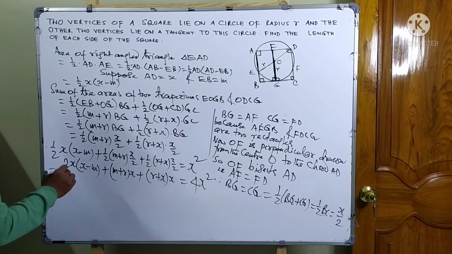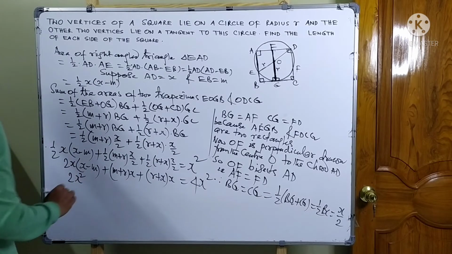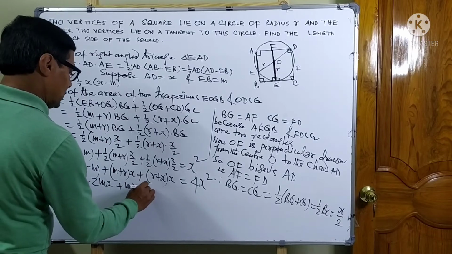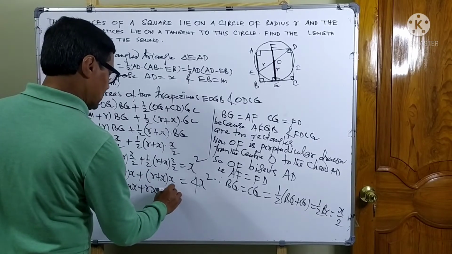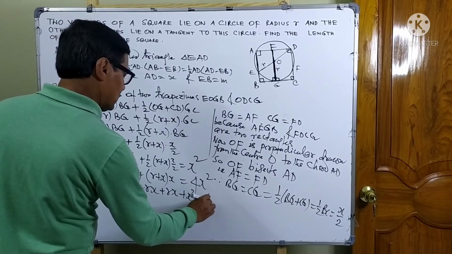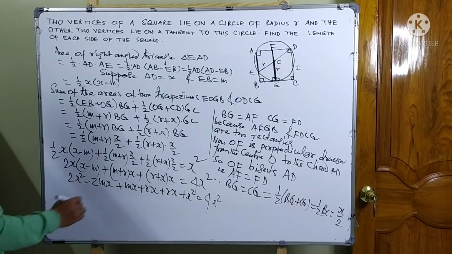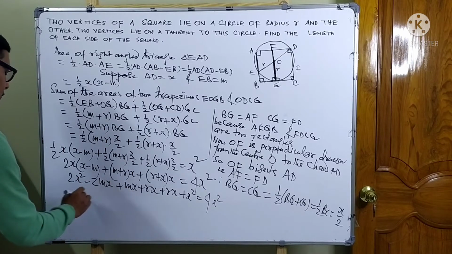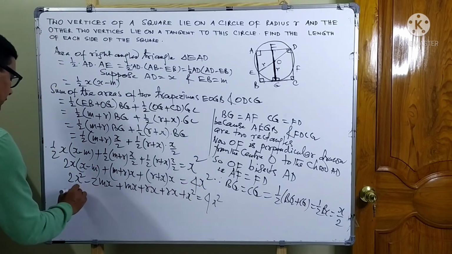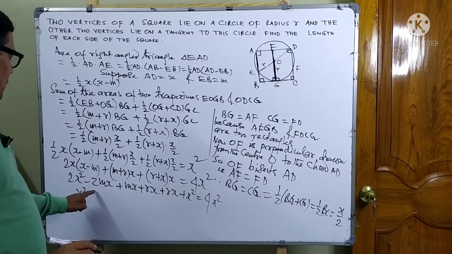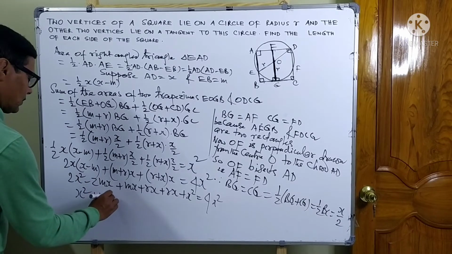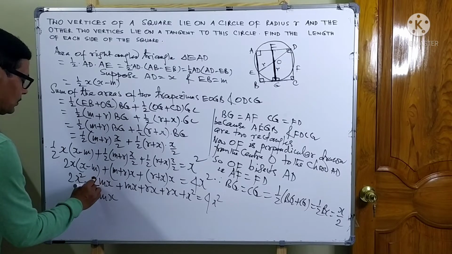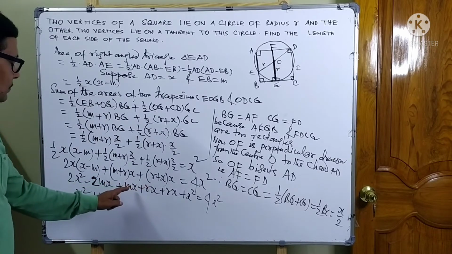So 2x square minus 2mx plus mx plus rx plus x square equal to 4x square. 4x square minus 3x square is x square, plus mx, minus 2mx plus mx, that is minus mx.